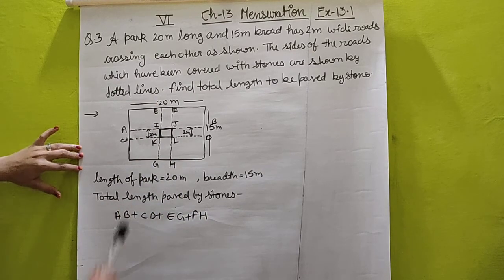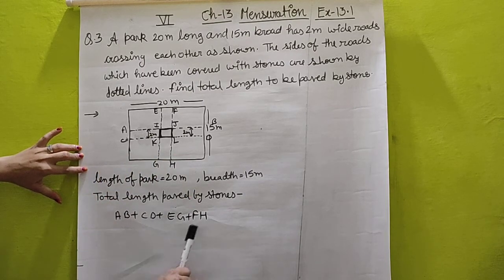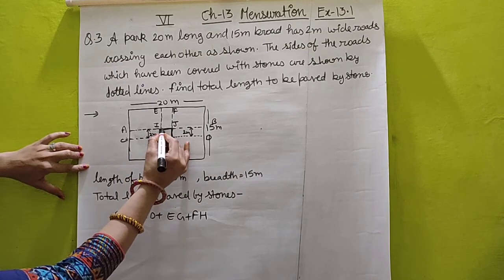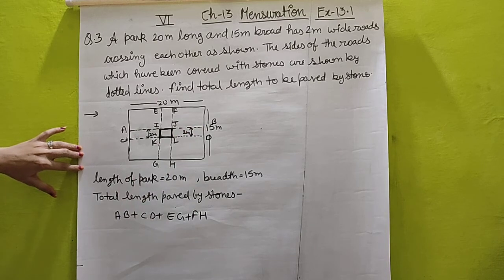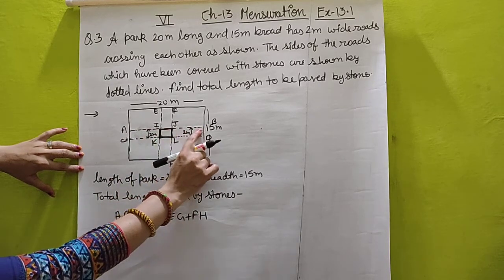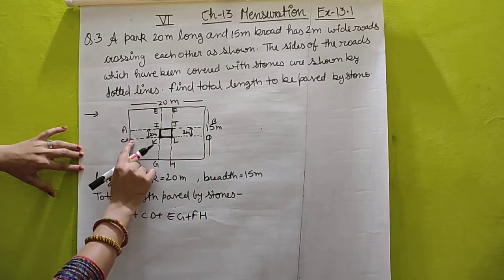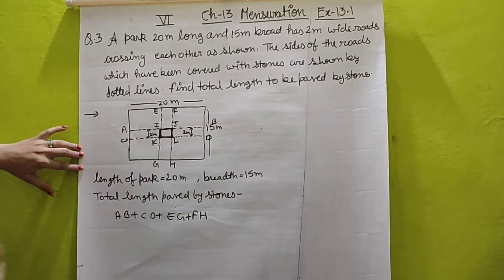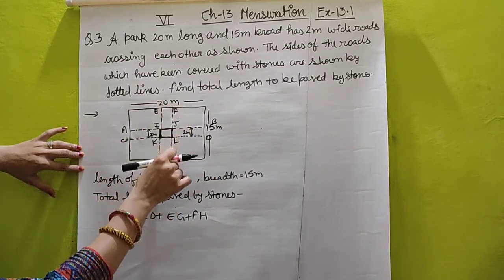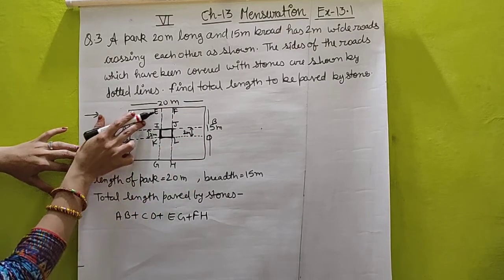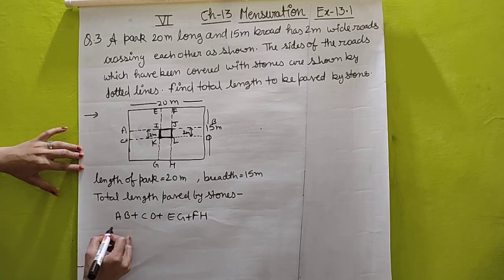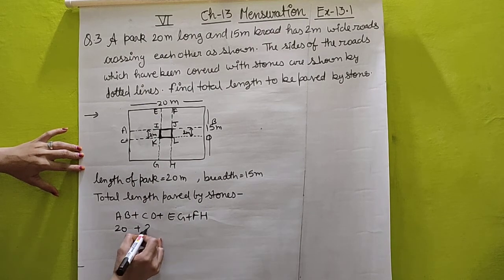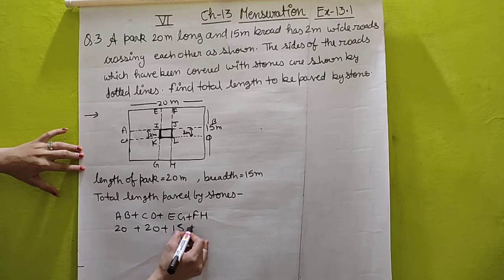When I add all this to find the length of the dotted line, the complete length AB is 20, the complete length CD is again 20, and the complete lengths EG and FH are both 15 and 15. So 20 plus 20 plus 15 plus 15.